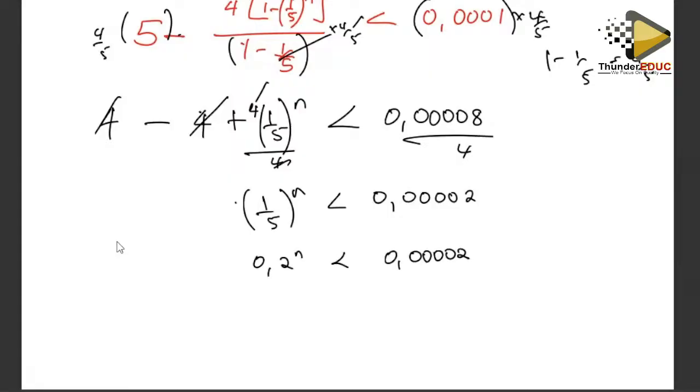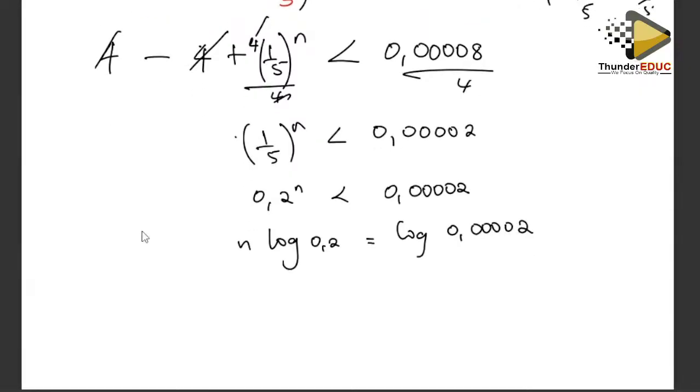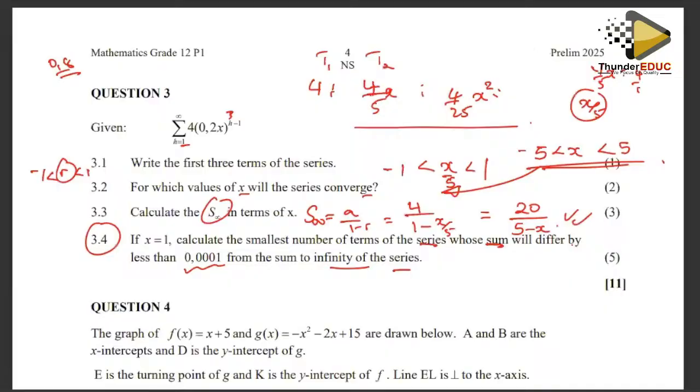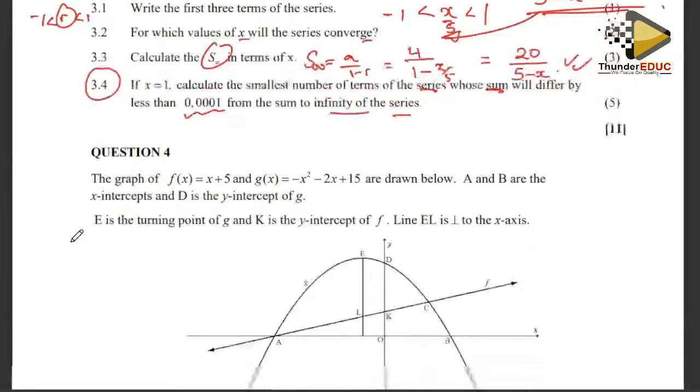Then we can use logs. n log of 0.2 is equal to the log of that number, and then you divide both sides by log 0.2. So n should be greater than 7 for us to get a smaller difference. All right, so that is that.